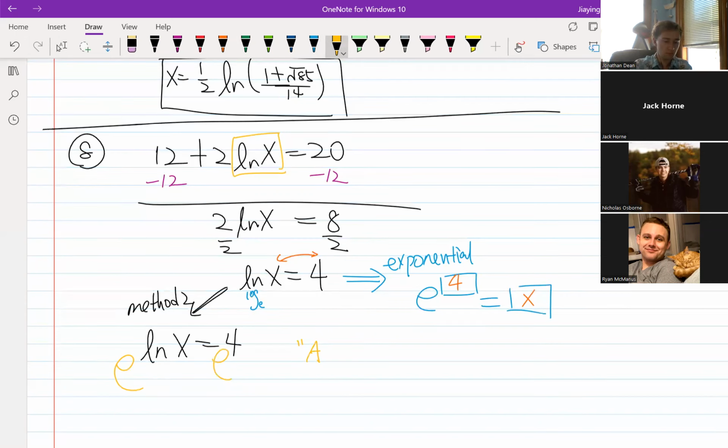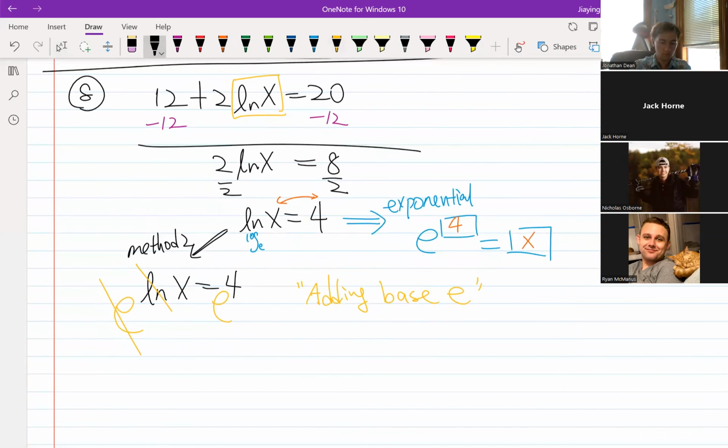This is called adding a common base e. So if I add a base e to both sides, on the left side I have base e in the exponential, and also natural log, which is a log base e. So this exponential base e and this logarithmic base e cancel, giving me x. So I get x equals e to the 4th. So both methods give me the correct expression for x.